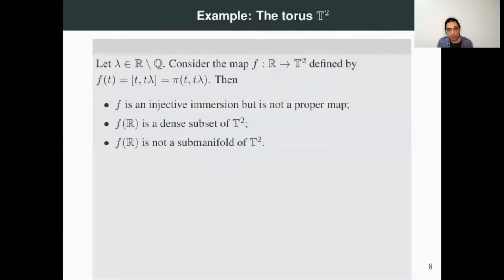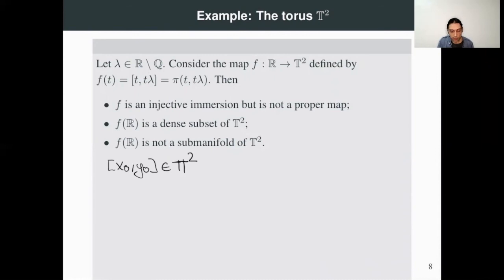That's what we are going to have. So let's remind ourselves of what we want to prove. We want to prove that this image is a dense subset of the torus, right? So let's fix for a minute a class inside the torus. And what we want is finding elements in the image of F that are arbitrarily close to this point.